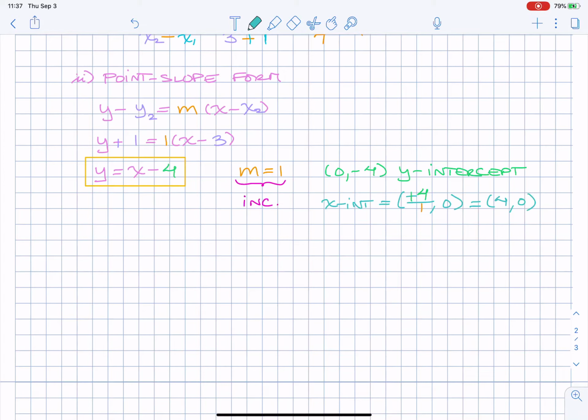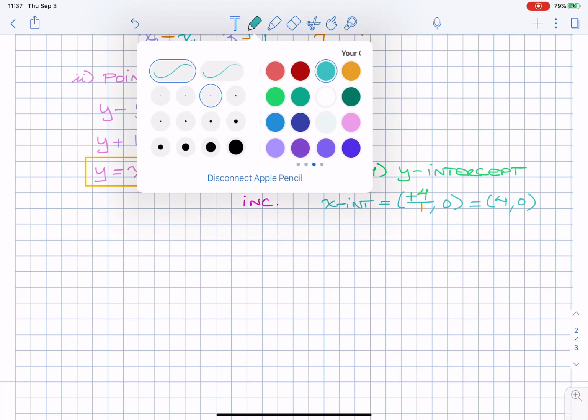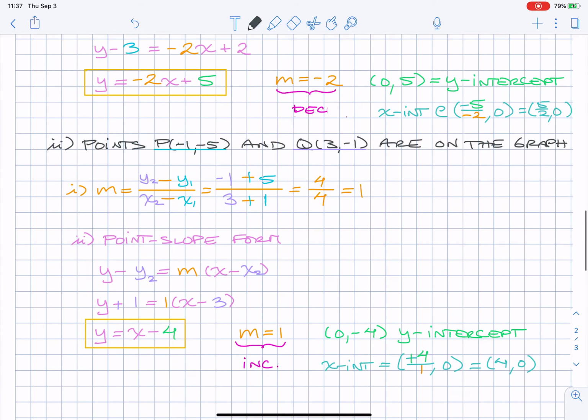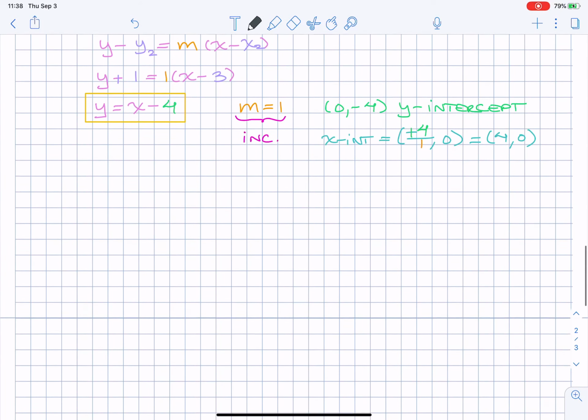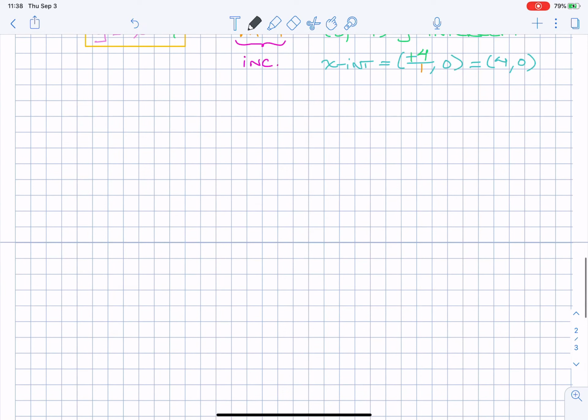Okay, interesting. So now let's do a bit different way of doing this. So for example, new example, let's find the slope-intercept form given the following.